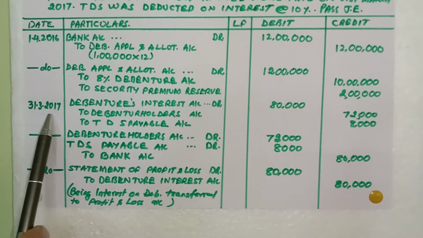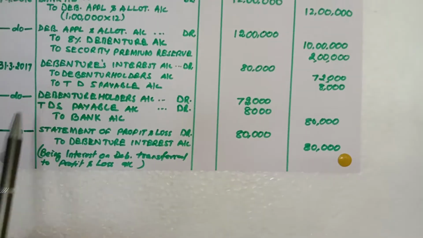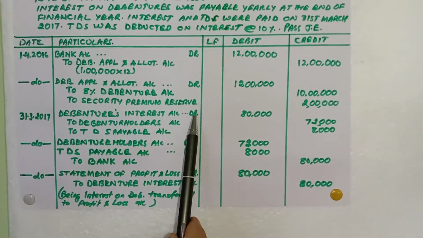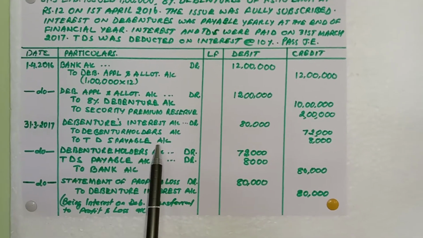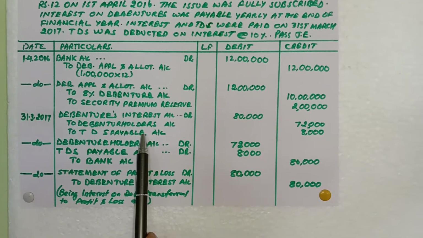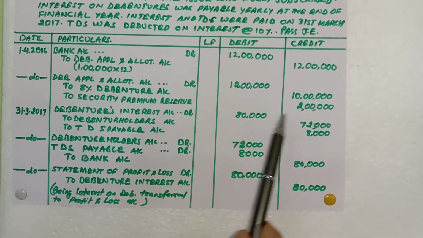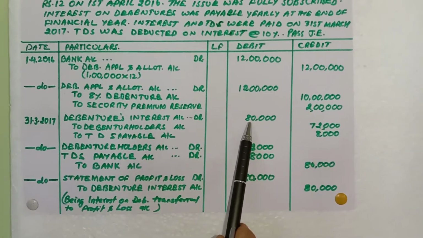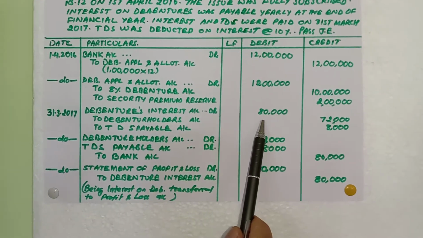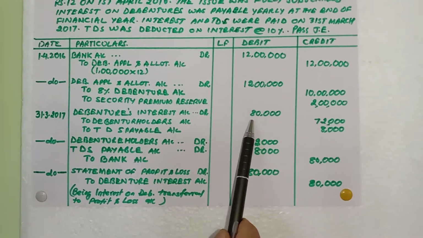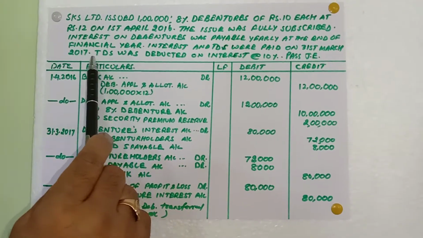Now on 31st March 2017 we are going to give the interest. So debenture interest account debit to debenture holder account and TDS payable. Now what is the rate of interest? Rate of interest is 8%. On 10 lakhs you take 8%, which comes to 80,000. And on 80,000 take 10% as interest deductible at source, that is TDS.